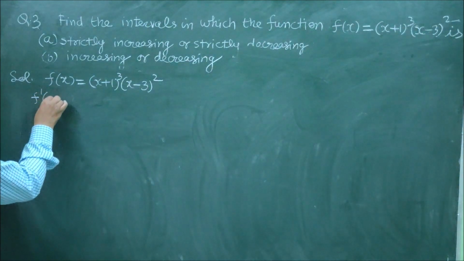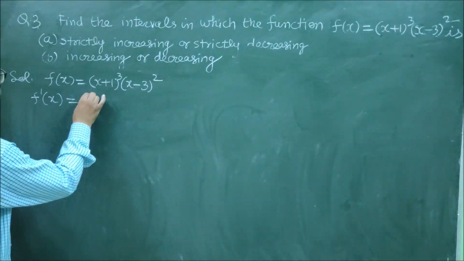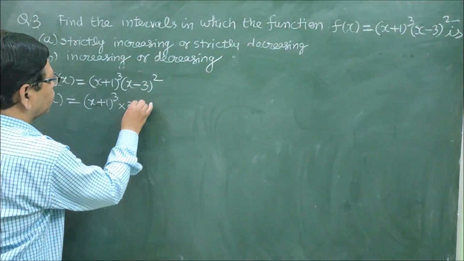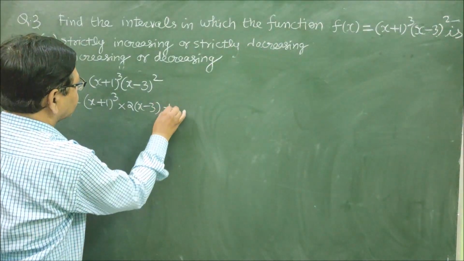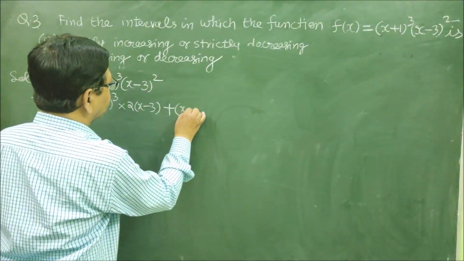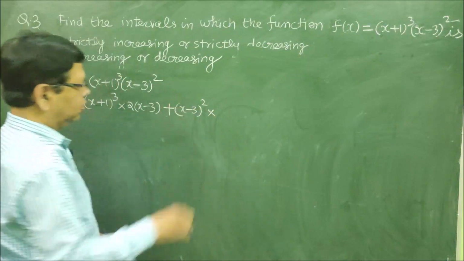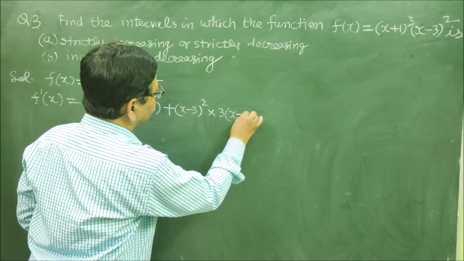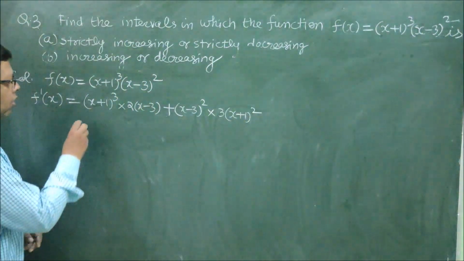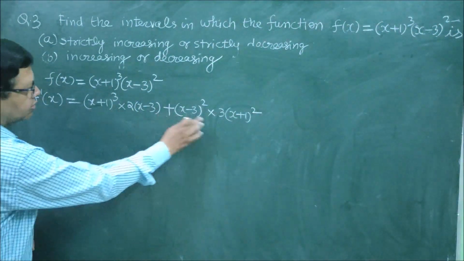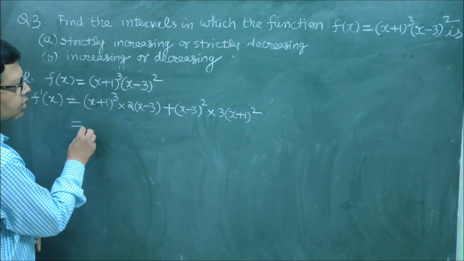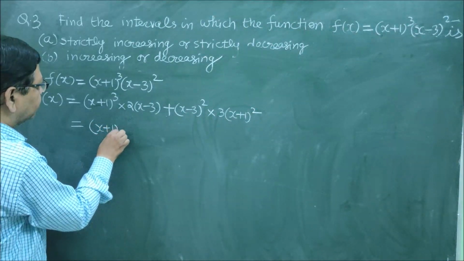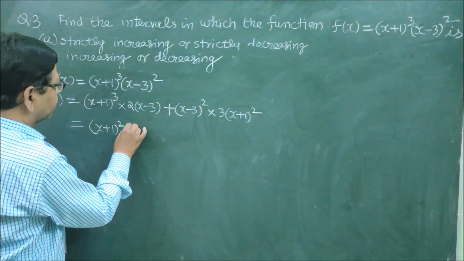f dash x is equal to first function into derivative of the second function, (x minus 3) whole square, that is 2 into (x minus 3), plus second function (x minus 3) whole square into derivative of the first function, that is 3 into (x plus 1) whole square. Now from these two expressions, I can take (x plus 1) whole square into (x minus 3) common.